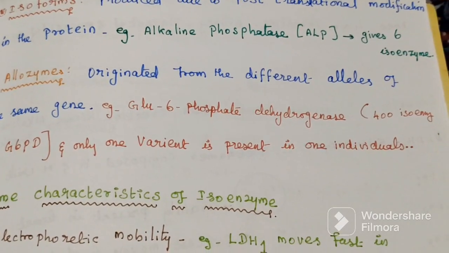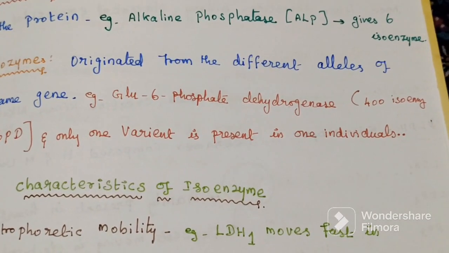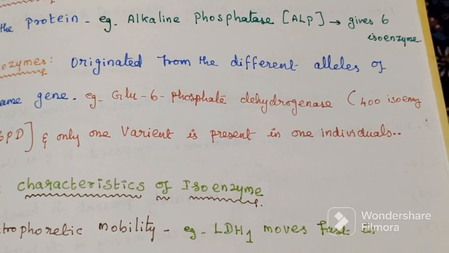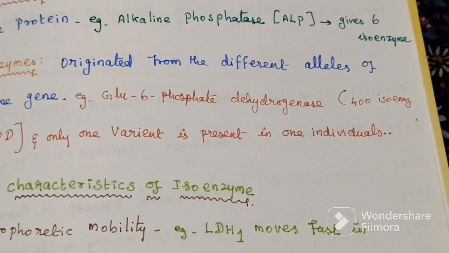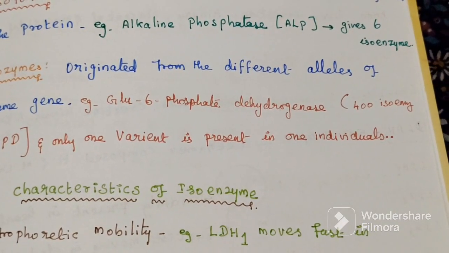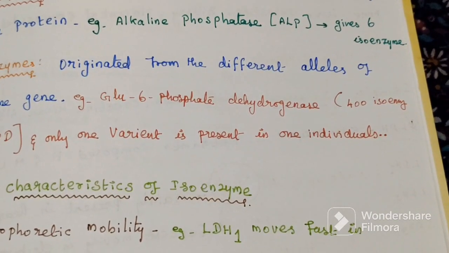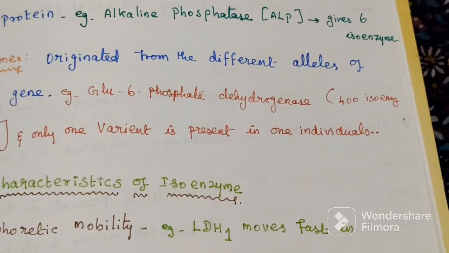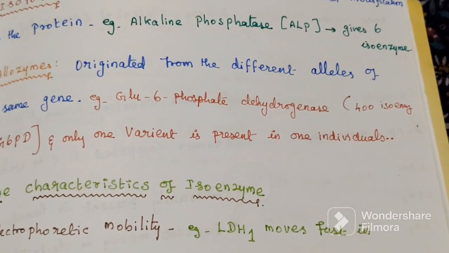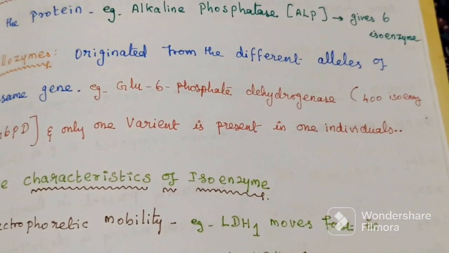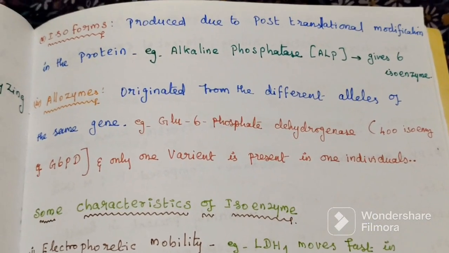Example, glucose 6-phosphate dehydrogenase. There are nearly 400 isoenzymes of glucose 6-phosphate dehydrogenase, and only one variant is present in one individual. This is how they are formed.